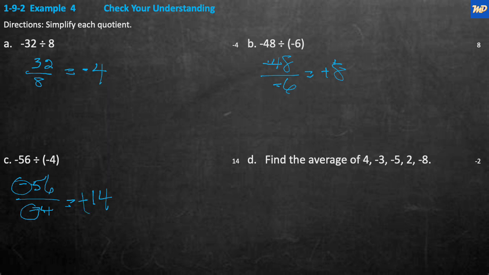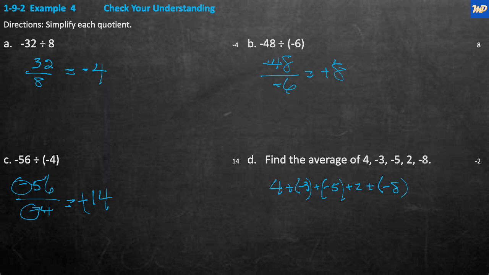D says, find the average of 4, negative 3, negative 5, 2, and negative 8. So let's go ahead and do that. I'm going to write them down: 4 plus negative 3 plus negative 5 plus 2 plus negative 8.